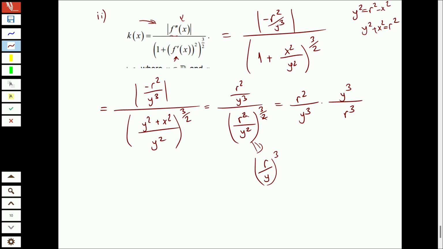I know that 2 will be cancelled. Yeah, y to the power of 3 will be cancelled, and it will give us 1 over r, which is a constant value. Yeah, we solved all of the questions.